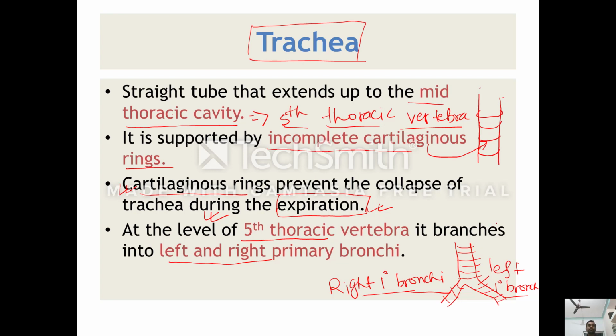So this is the extension of the trachea.